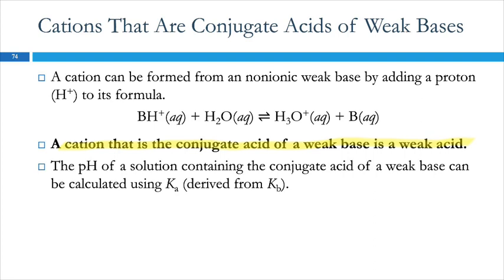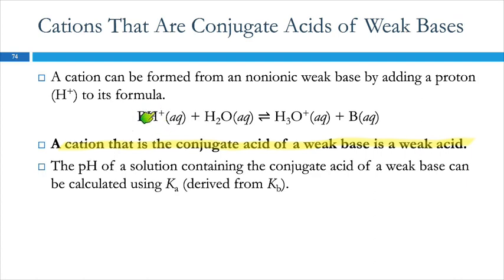So the cations that get formed from non-ionic weak bases, like ammonia or any of the amines, can add a proton. Sorry, a cation can be formed from a non-ionic base by adding a proton to its formula.